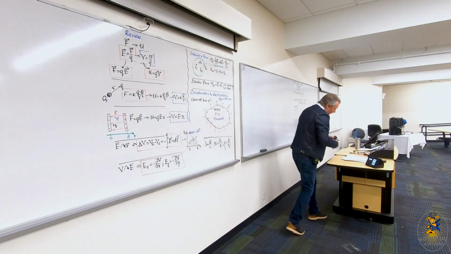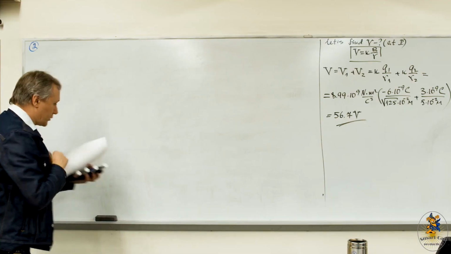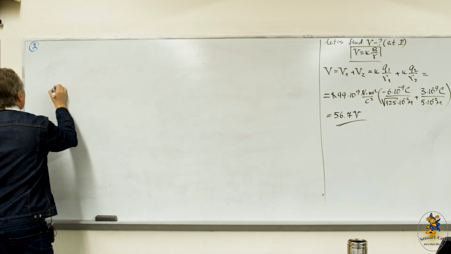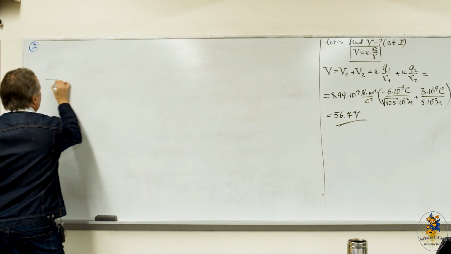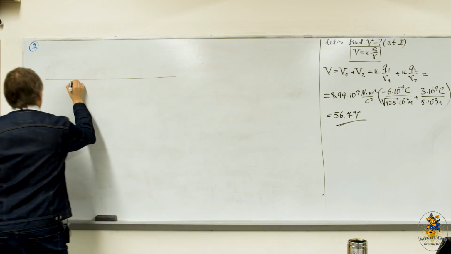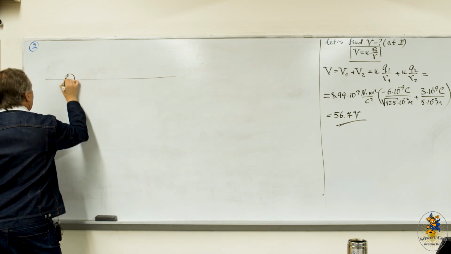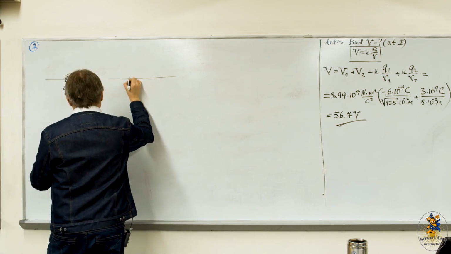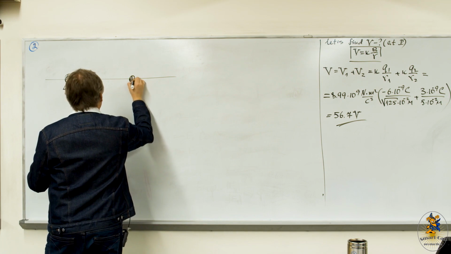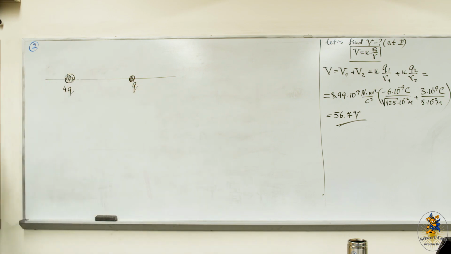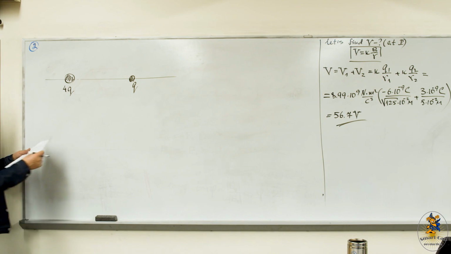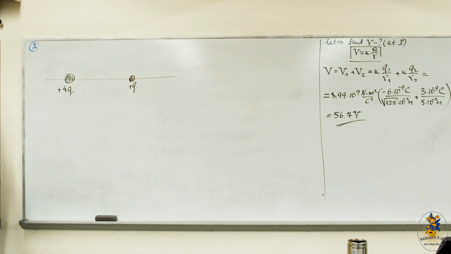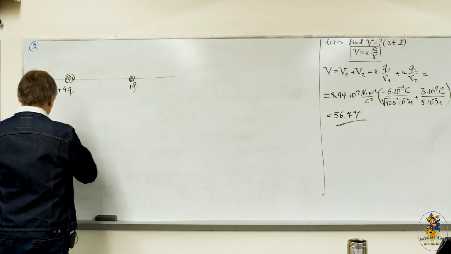So let's say we have 2 charges on a line. So let me first draw a line. Here, let's say charge is 4q. Let's say here charge is q. Both positive, essentially. Right. I can even add plus, plus. Distance between them is L.